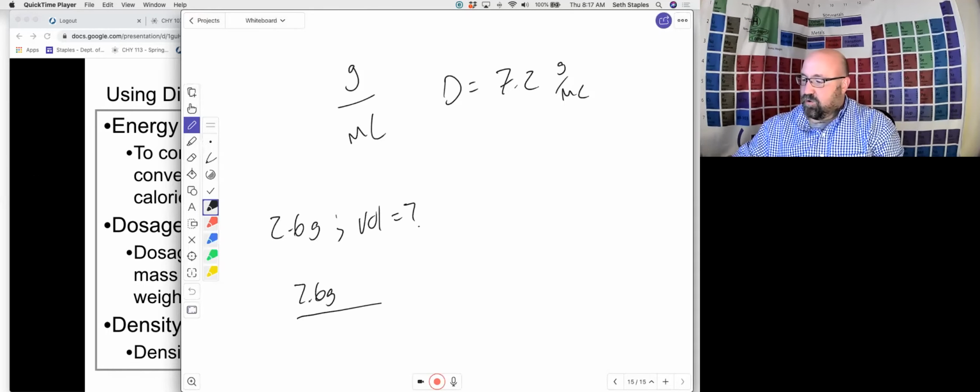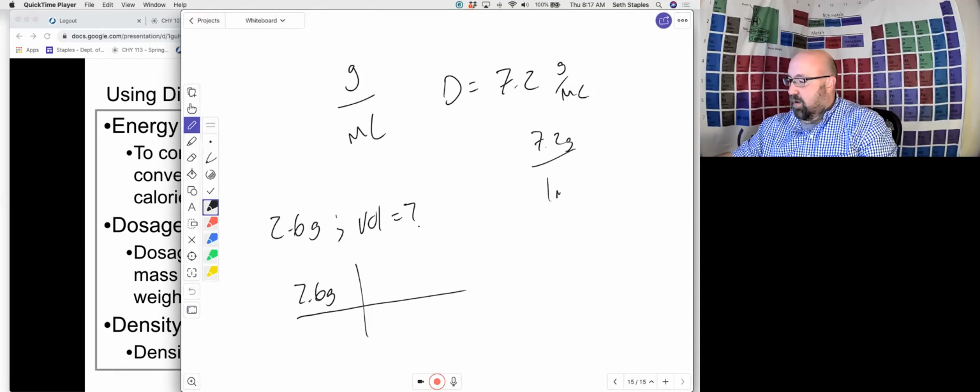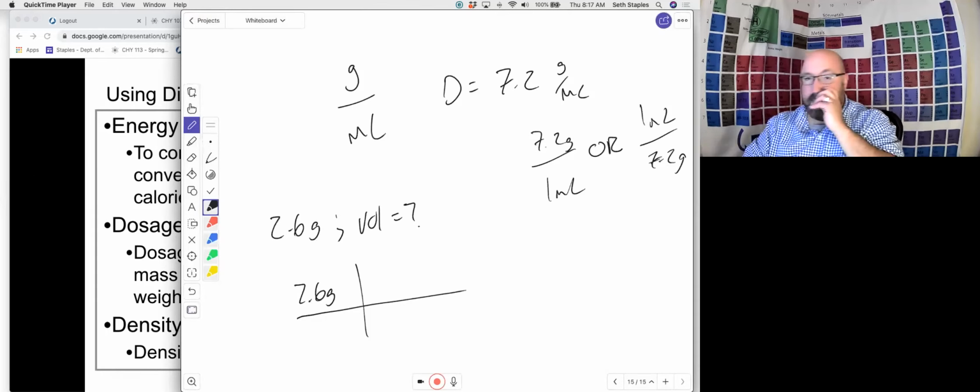So we're just going to set up our 2.6 grams, our given information. Now we're going to use our conversion factor, the 7.2 grams per milliliter. Remember, that could be written either way. That could either be written as 7.2 grams per 1 milliliter or 1 milliliter per 7.2 grams. I'm going to use that however I need to for my grams to cancel out and to be left with milliliters.